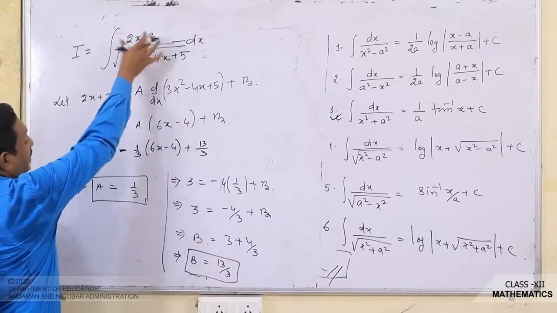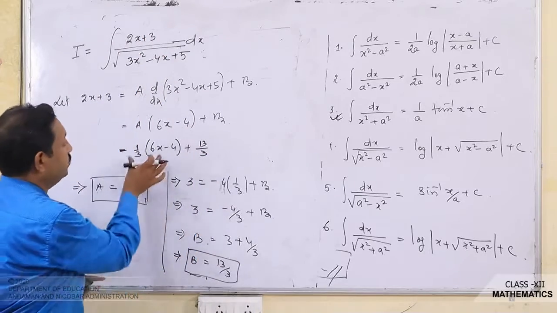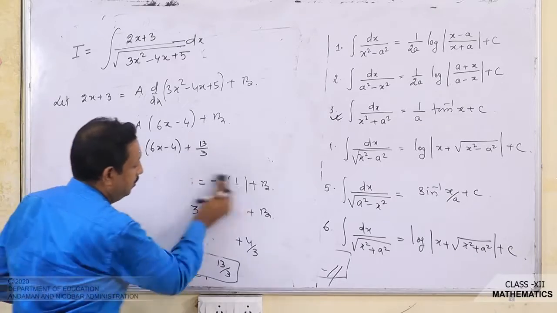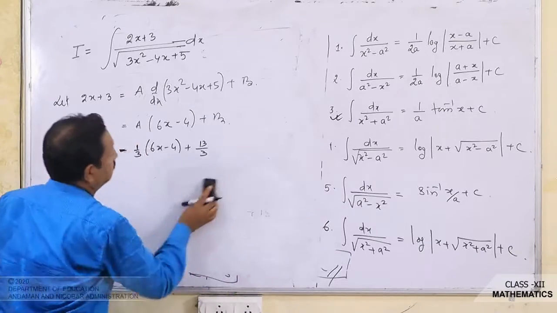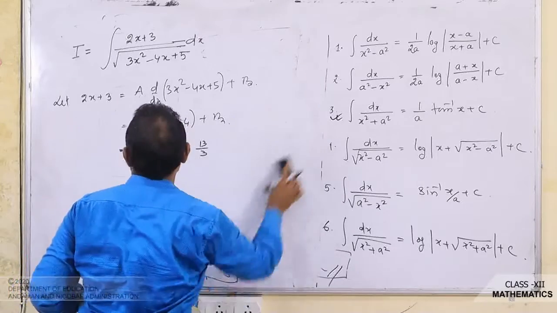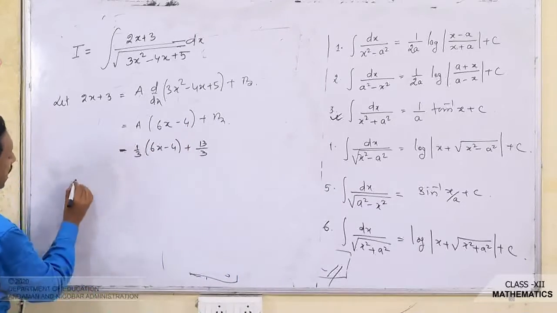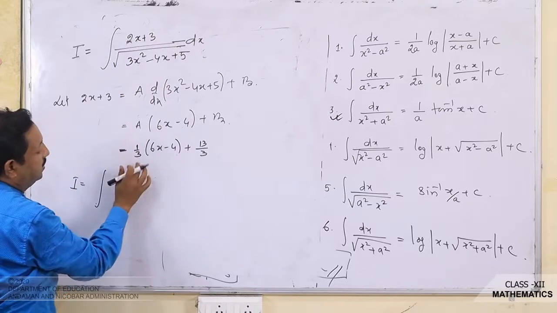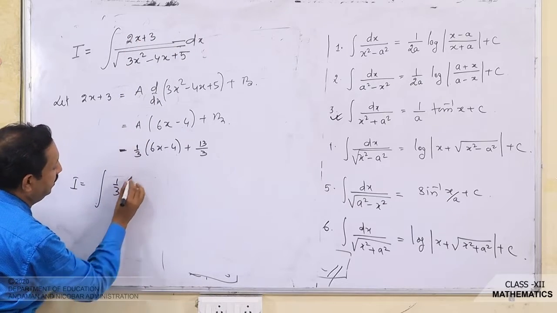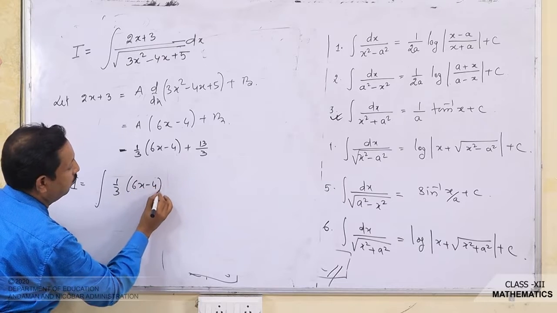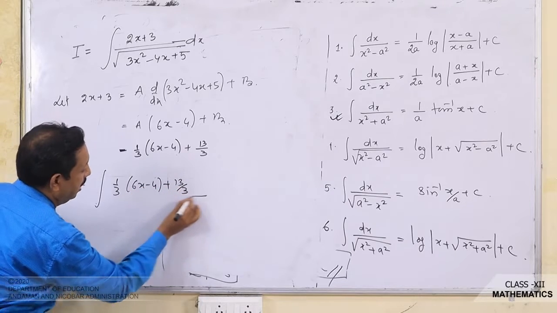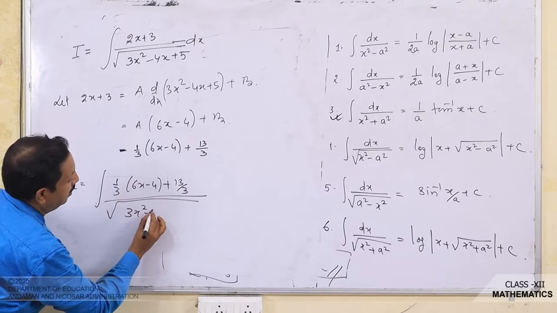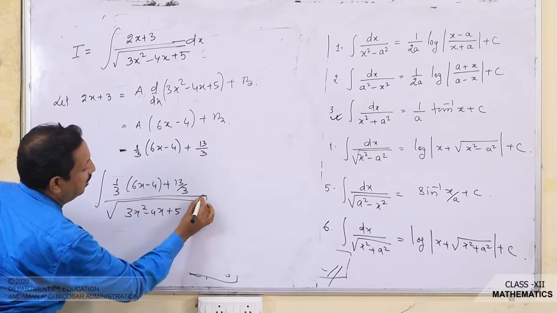That means I can change my integral by using this one. So, now let us check. I equals integral of 2x plus 3, which we can write as 1 by 3 times 6x minus 4 plus 13 by 3, upon root under 3x square minus 4x plus 5, dx.